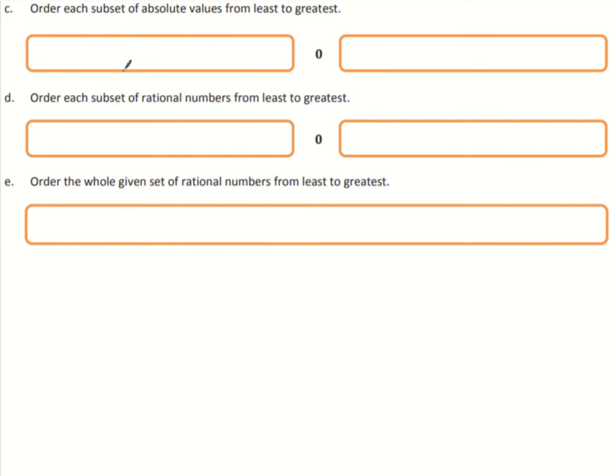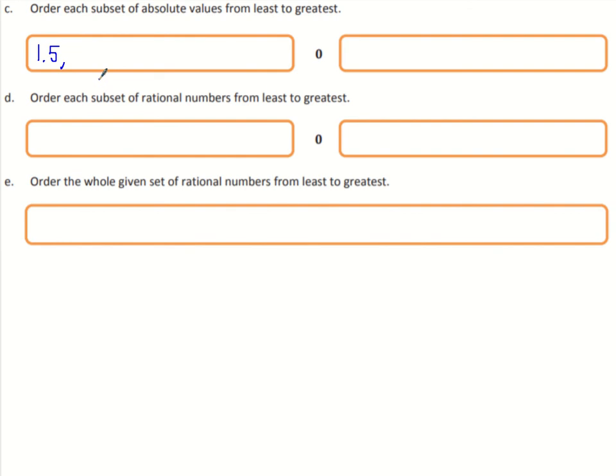If I'm looking at all of those numbers, first thing I'm going to look at is my ones place. And the number that has the smallest ones place is going to be 1.5. So that's going to be my first number, 1.5. Because remember, we're working on our absolute values, not our rational numbers yet. So I have 1.5 coming up first.